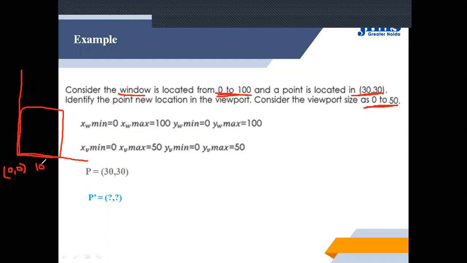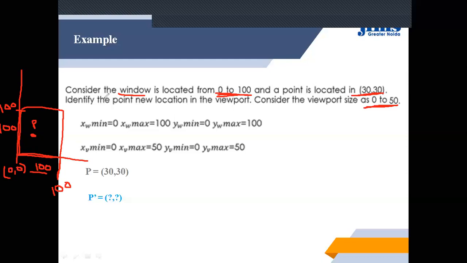As I told you earlier, they have given the length, so we have to find out the coordinate xw max. When xw min is 0, xw max will be 100 plus 0, so this will be 100. yw max will also be 100, and the point over here is 30 and 30, so the location of point P is 30 and 30.